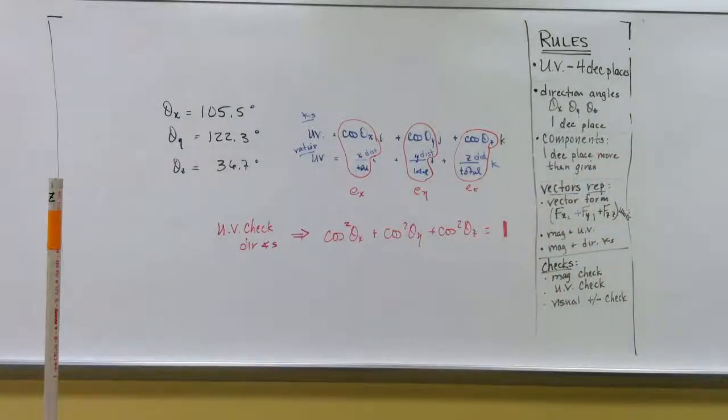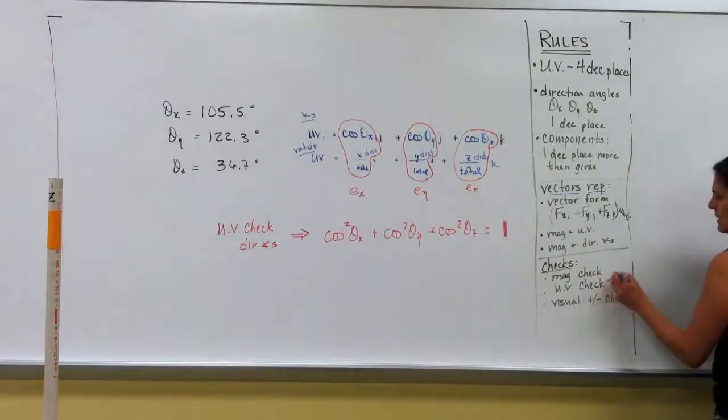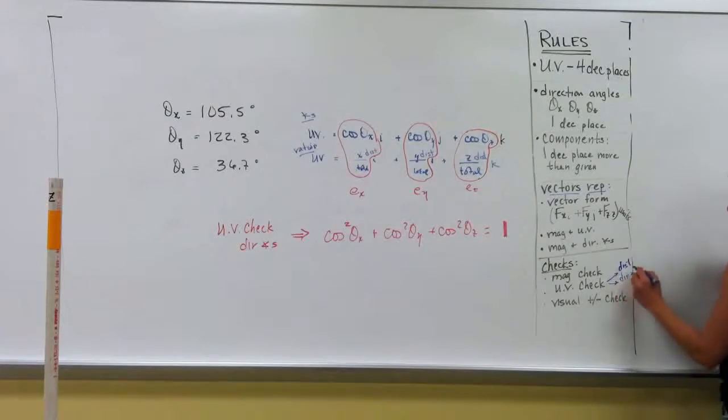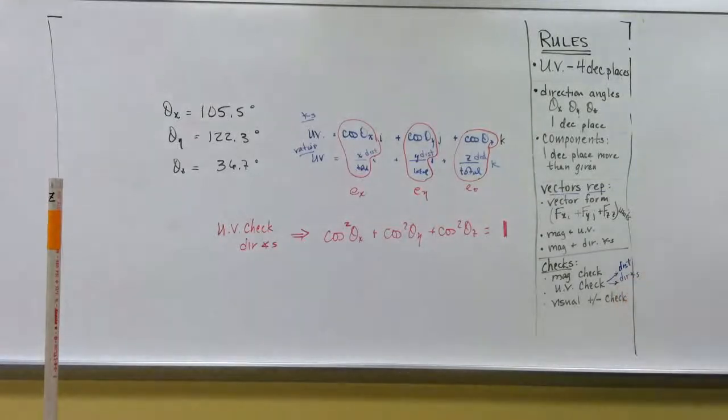So just look at that for a minute. When we do a unit vector check, we could either check it in terms of the distances, or we could check it in terms of the direction angles. You'll see that on the homework. I'll ask you to do one or the other.